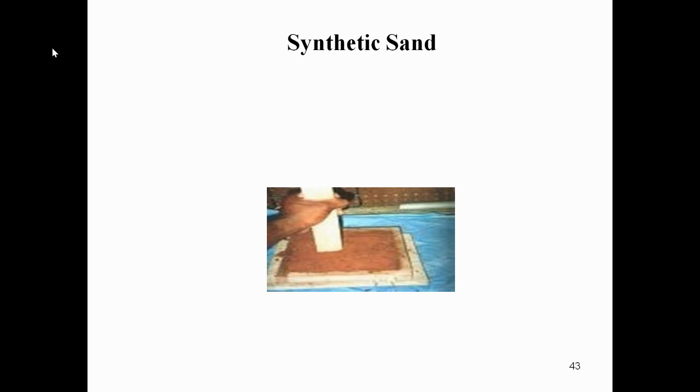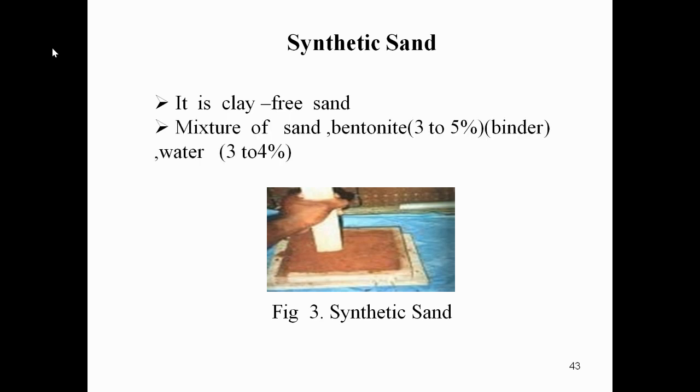Next sand is synthetic sand. Here we can see how we are using the synthetic sand. It is a clay-free sand, which means there is no clay in this sand.